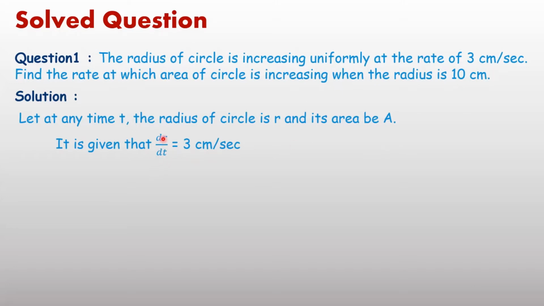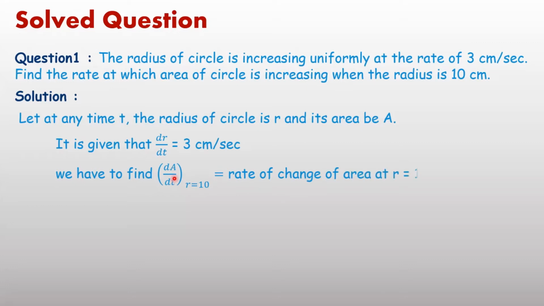So dr by dt means centimeter per second, given as 3, and the plus sign before 3 represents it is increasing. So dr by dt is 3 centimeter per second. We have to find dA by dt, the rate of change of area, if r equals 10 centimeter.